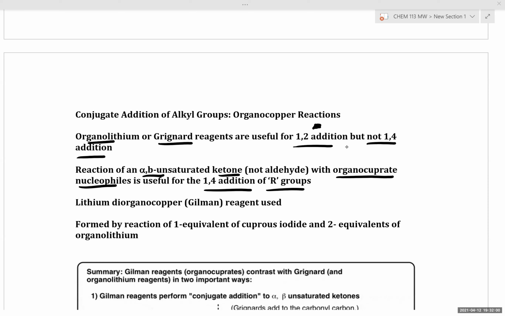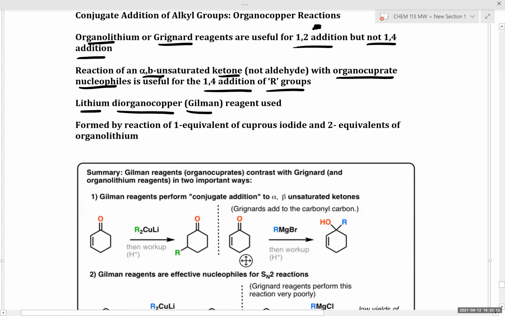Typically, a lithium diorganocopper reagent, otherwise known as a Gilman reagent, is used. And these Gilman reagents are prepared by reaction of 1 equivalent of cuprous iodide with 2 equivalents of organolithium.